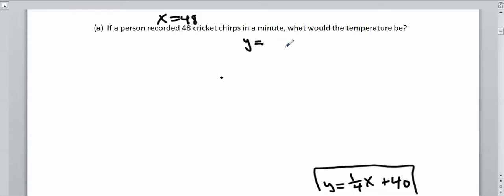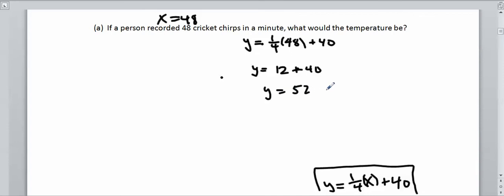So y equals 1/4, and I'm going to plug in the x, assuming it's 48 cricket chirps, plus 40. Okay, 1/4 of 48 is 12, so y is equal to 12 plus 40, so y is equal to 52 degrees. So if the crickets are chirping 48 times in a minute, it's about 52 degrees outside.